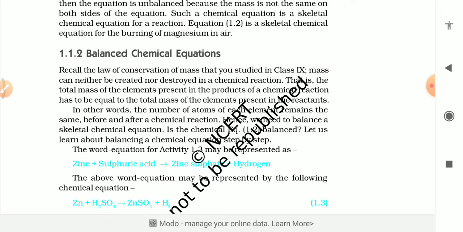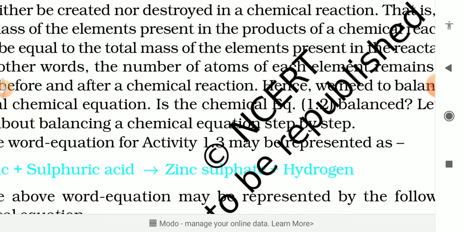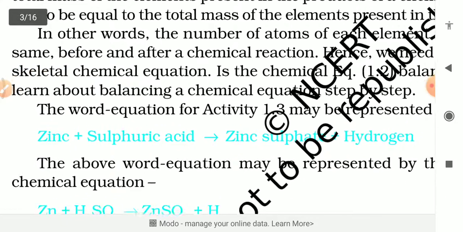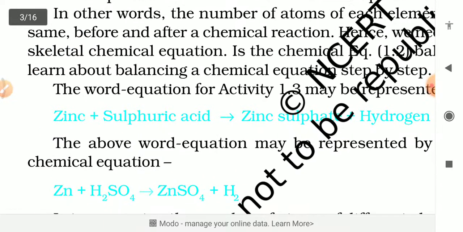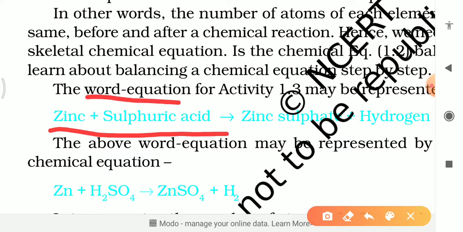Hence, to balance a skeletal chemical equation, let us learn about balancing chemical equations. Students, here you will see, let's balance this equation. Now, this one is your word equation. Why is it called the word equation? Because it is written with the spelling: zinc.